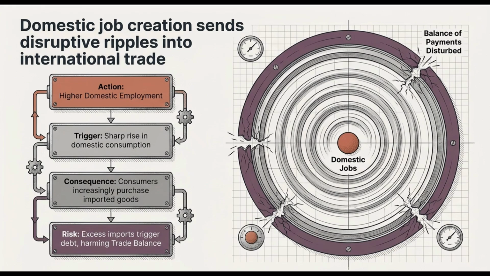Now let's see domestic jobs and international trade. So creating more domestic jobs can also affect international trade. Higher employment increases household income and consumption. So consumers may spend more on imported products, increasing trade imbalances. This shows how employment policies can create a ripple effect across the global economy. So what was the action here?